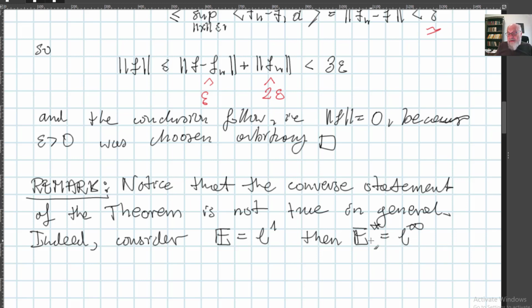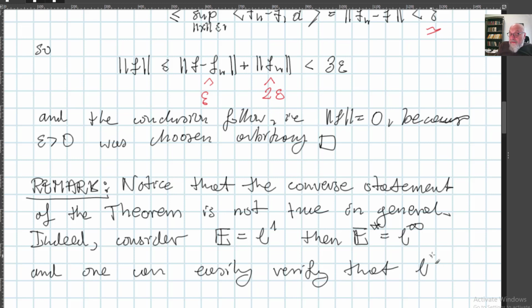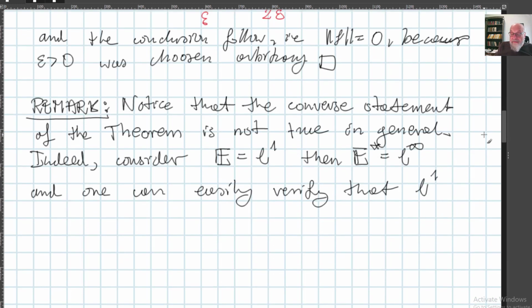And one can easily verify that L1 is separable. Let me point out why. Here we can take as the dense set the span over Q of the basic vectors in L1.